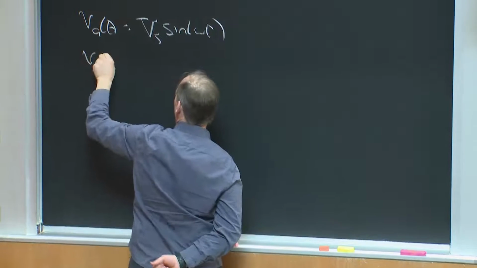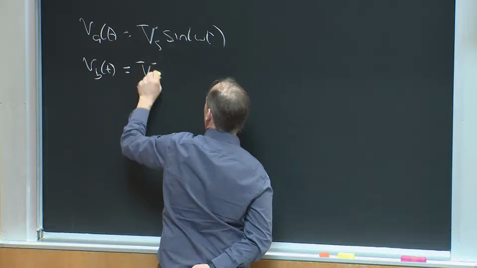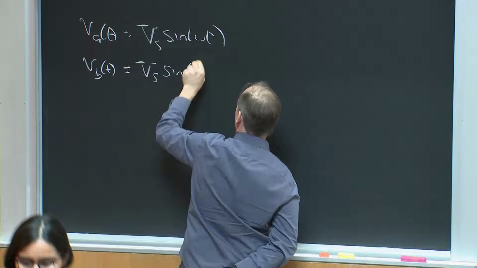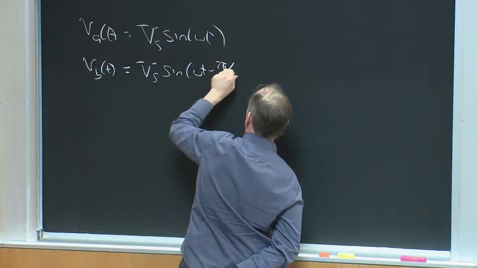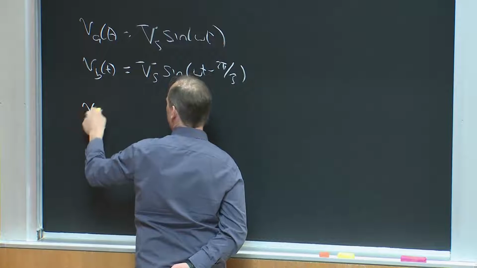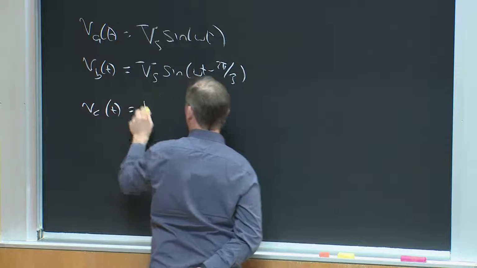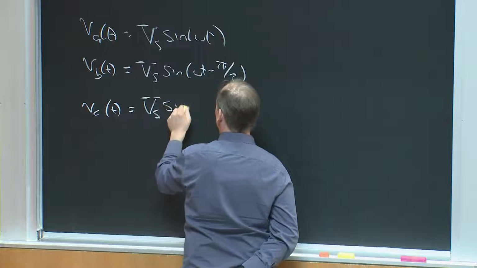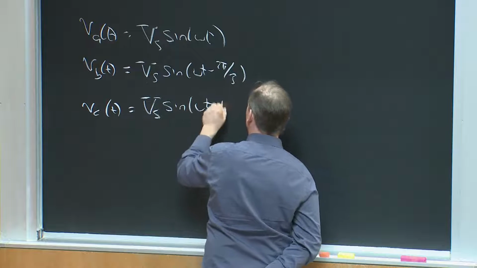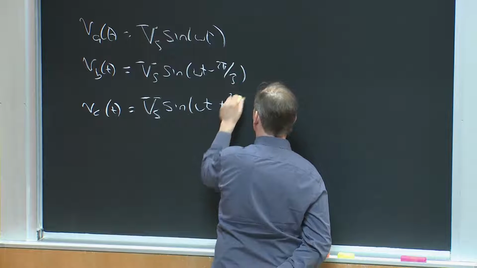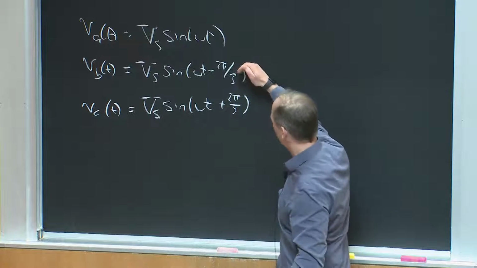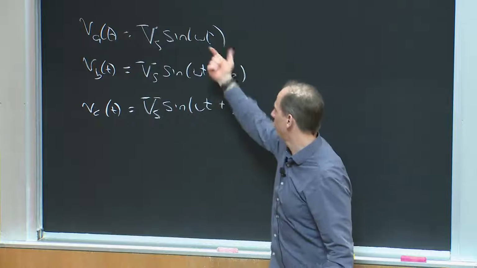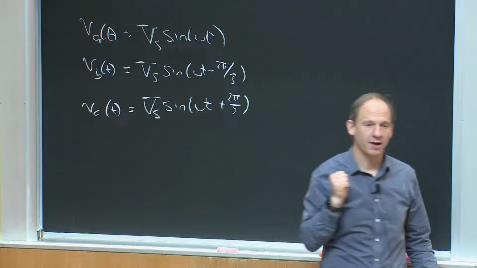VB of t is equal to Vs sine of omega t minus 2 pi over 3. And VC of t is equal to Vs sine of omega t plus 2 pi over 3. So we're going to have 3 sinusoids in time shifted by 120 degrees, or 2 pi over 3, from each other.